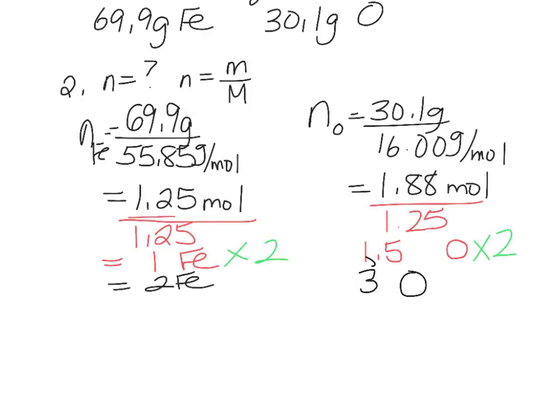If you end up with a fraction, you have to get rid of the fraction. So our empirical formula is Fe2O3. The number that you get at this last step becomes your subscript in your formula.